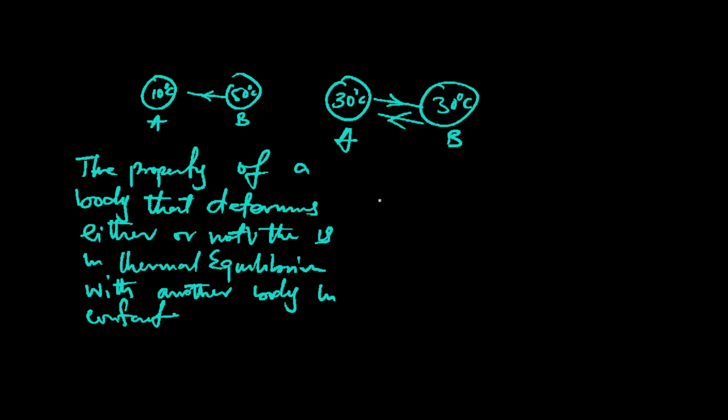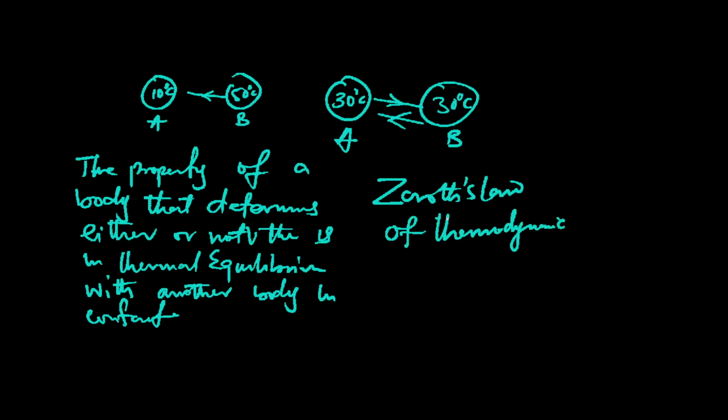The examiner can be talking about the law that explains this thermal equilibrium, which we refer to as Zeroth law of thermodynamics. That is the law that describes thermal equilibrium.